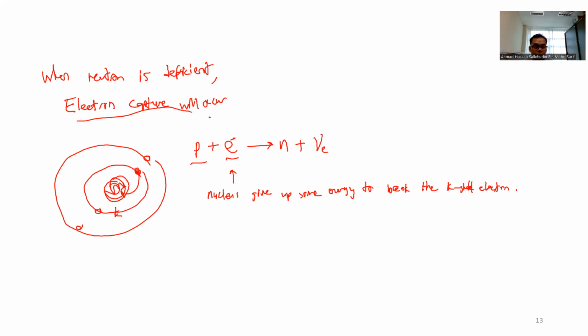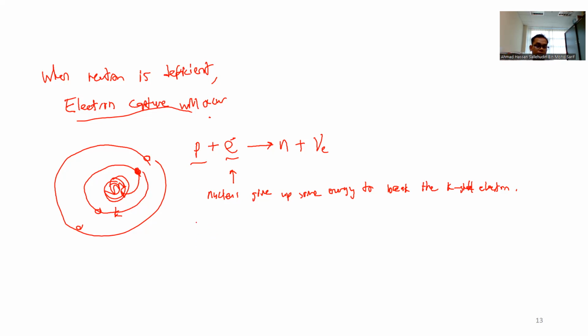This electron is bound by a certain amount of binding energy. So to overcome this binding energy, the nucleus has to provide some energy so that it can release the electron from the K shell. So this is the particular process.